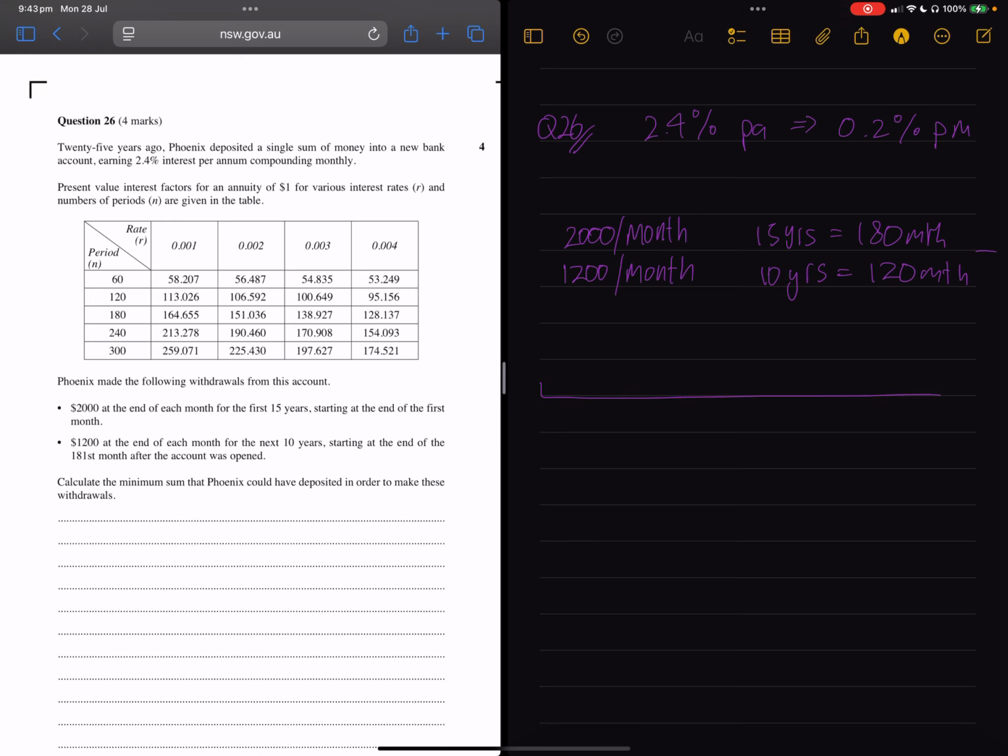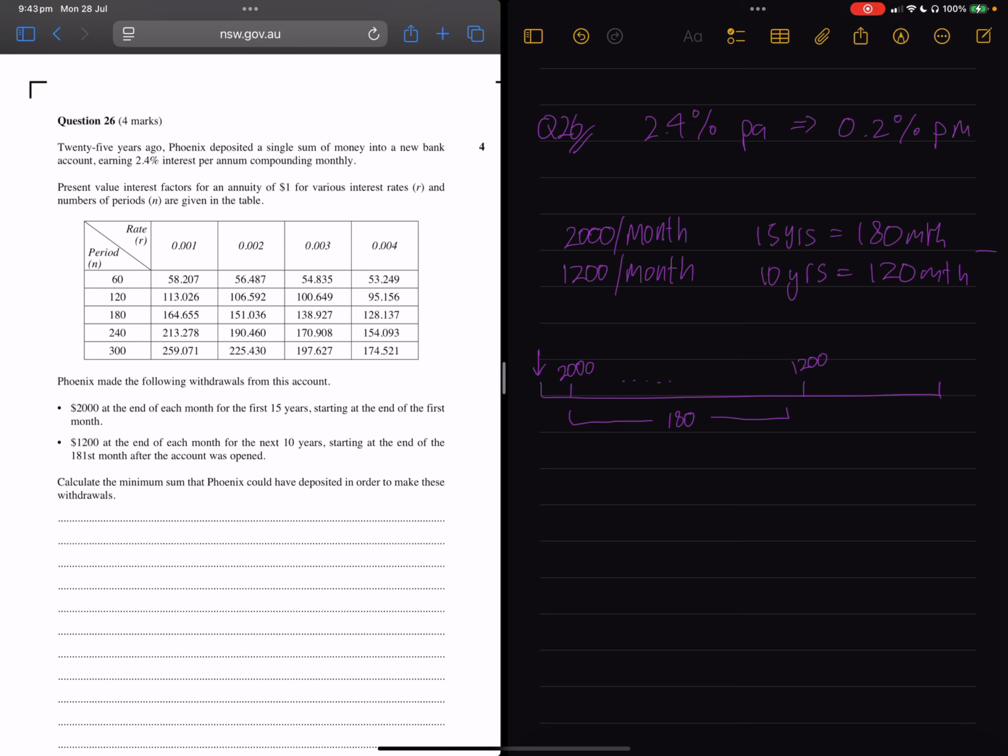So let's draw a little financial line and think about this. The majority of the withdrawals are $2,000 withdrawals. This is where he deposits the money, then he gets the $2,000 and so on. After all of the $2,000 withdrawals, there are 180 of those, he then starts withdrawing $1,200.